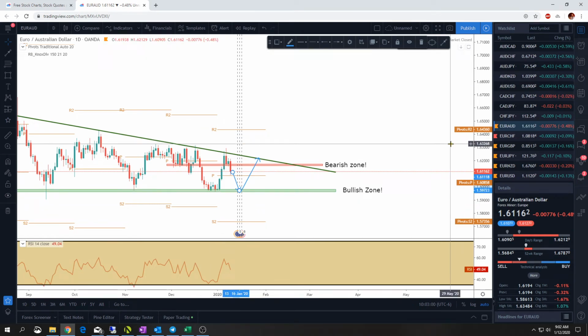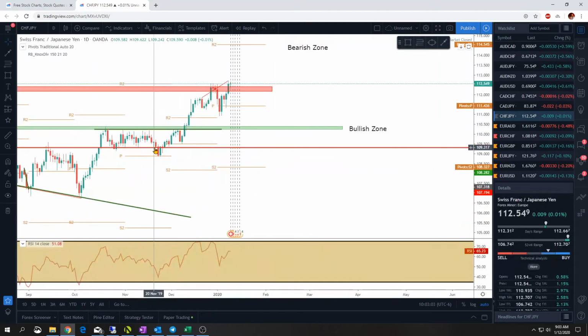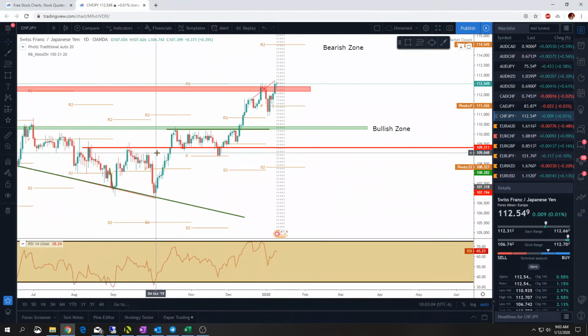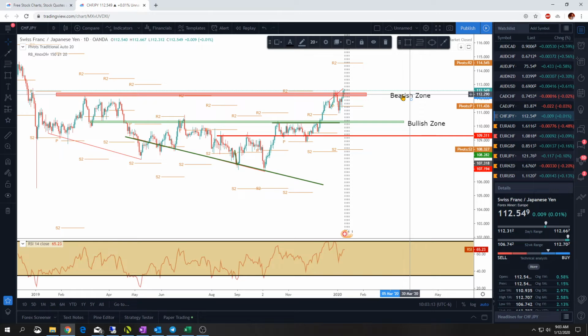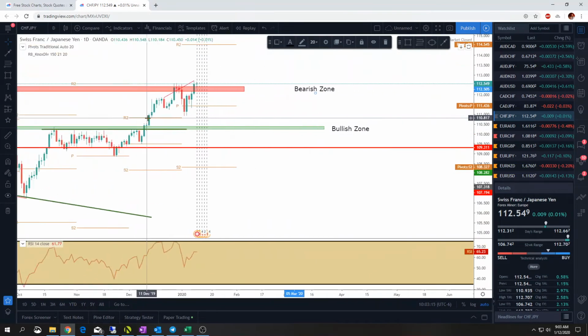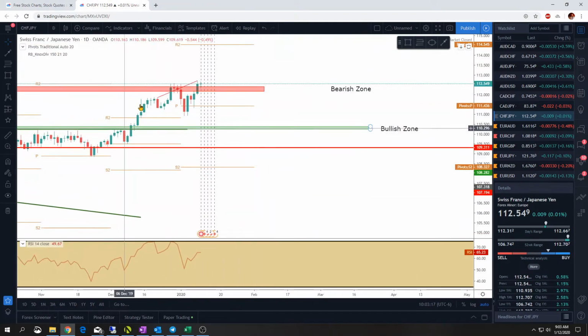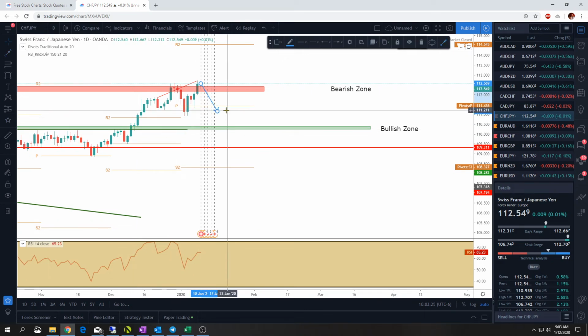Ooh, orange. Swiss franc JPY. So are we going to double top here, or are we going to break that level? Because it was the end of the week, we got divergence posting on the daily. I like this pair to start ranging.